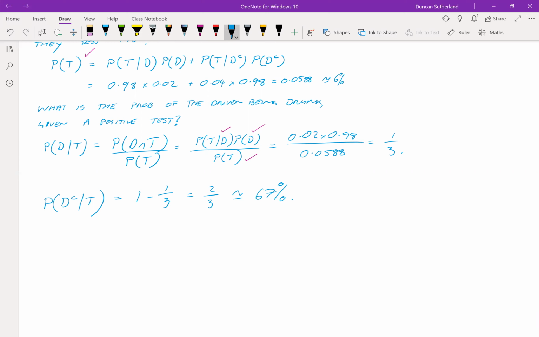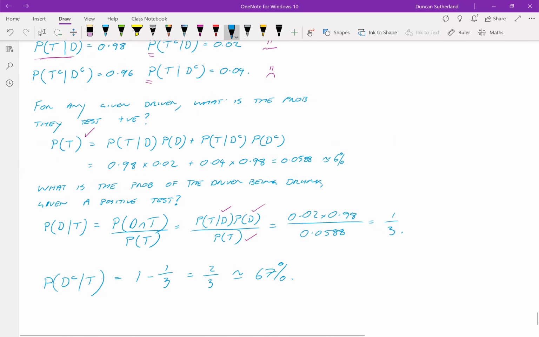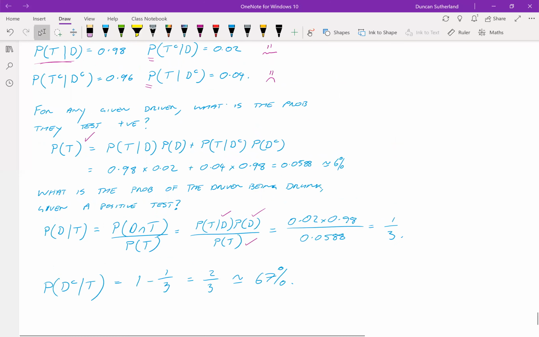There's a 67% chance that old mate is not over the limit. So this breathalyzer machine is probably almost completely useless for law enforcement purposes. It's completely inaccurate. It will identify far too many false positives. That's an unacceptable level of false positives.